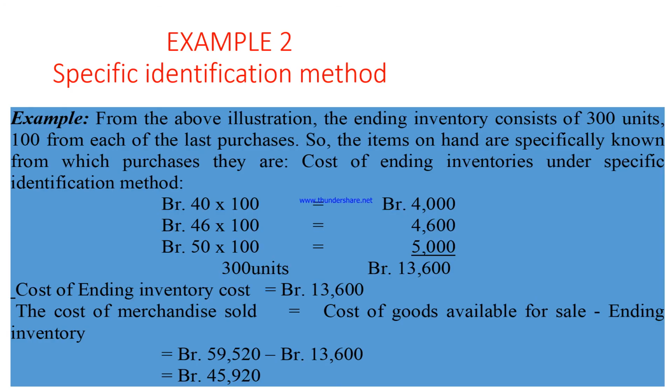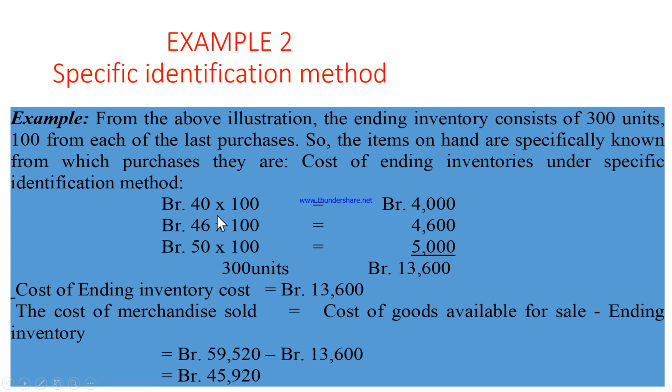Ladies and gentlemen, when we come to example 2 about the specific identification method, from the above illustration, the ending inventory consists of 300 units, 100 from each of the last purchases. So the items on hand are specifically known as to which purchase they are from. The cost of ending inventory under the specific identification method is calculated below.